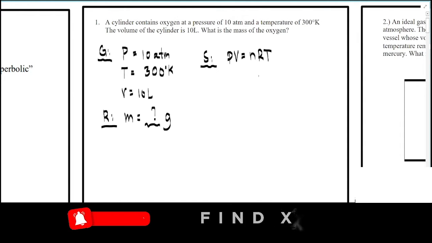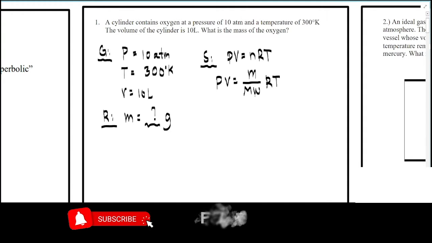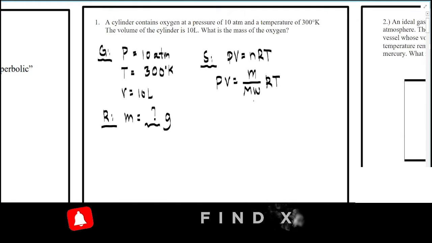But remember that n represents the number of moles, so you can replace n with m over MW, where MW is the molecular weight and m is the mass of the oxygen, the one that we are looking for.